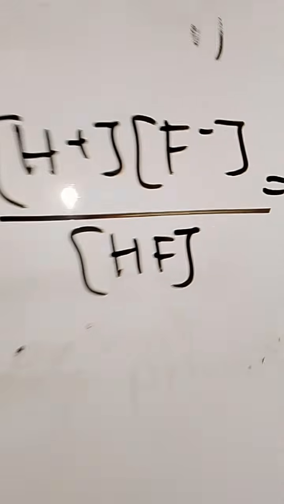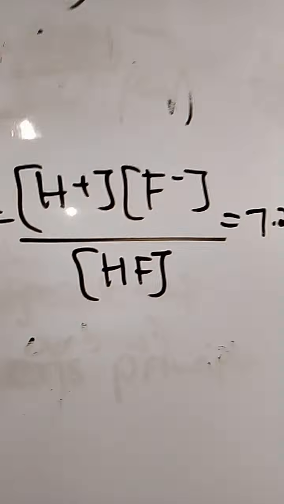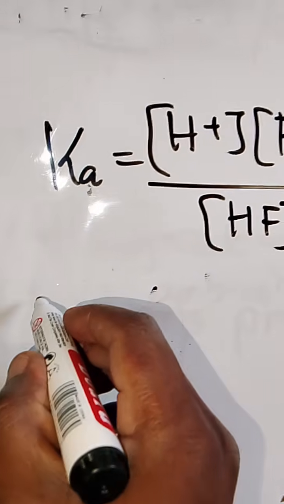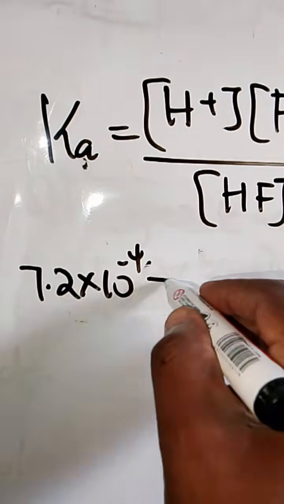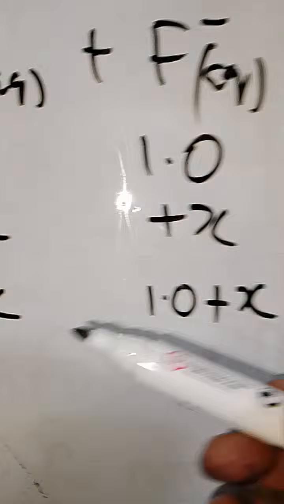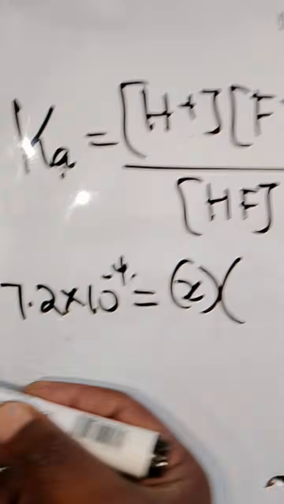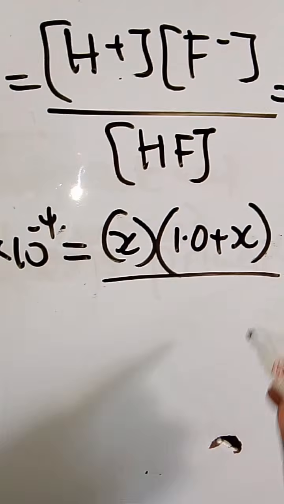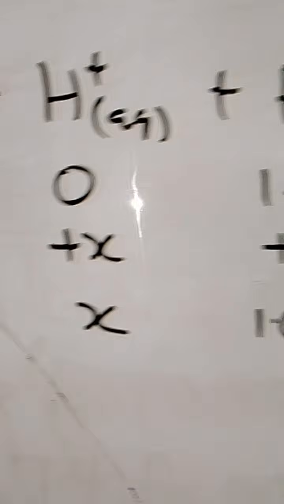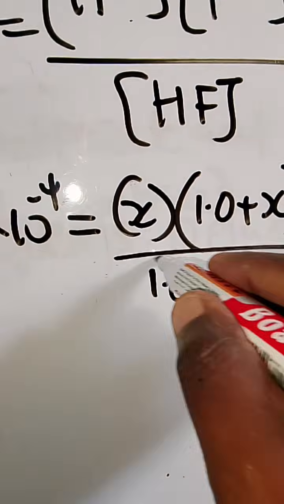Then we substitute the equilibrium concentrations into the expression. So we have 7.2 times 10 to the power negative 4 equals hydrogen concentration, which is x, times fluoride concentration, 1.0 plus x, over concentration of the acid, 1.0 minus x.